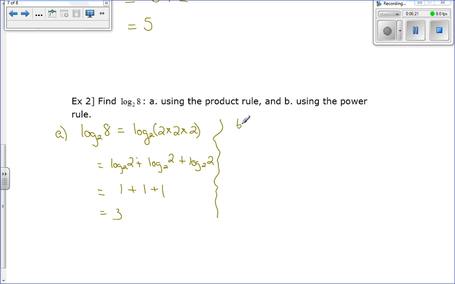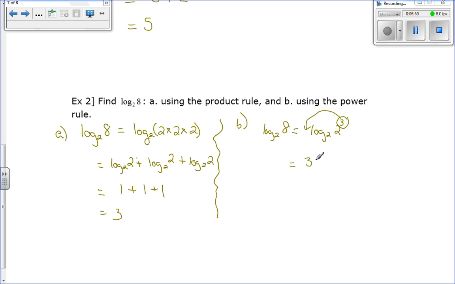For b, using the power rule, I'm going to rewrite 8 as 2 to the power of 3. So log base 2 of 2 to the third. When you have a power rule, you take the exponent and pull it out in front.